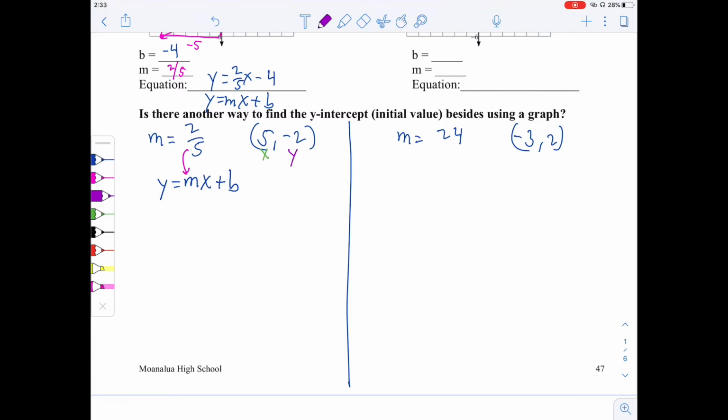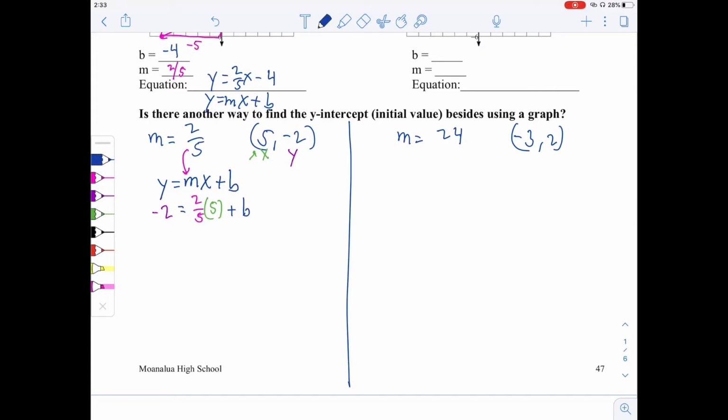So let's substitute first. So our y is -2, so we're going to put -2 in for y. Our m, our slope, was given, 2 over 5. Our x value was 5, right, from our ordered pair. And then our b, we don't know what b is, so we just leave it there.